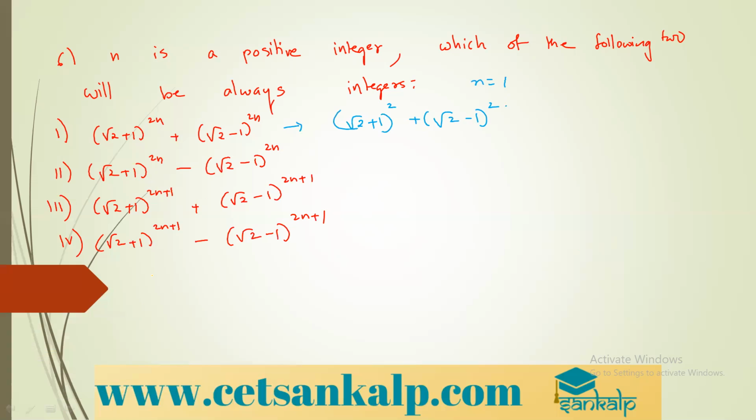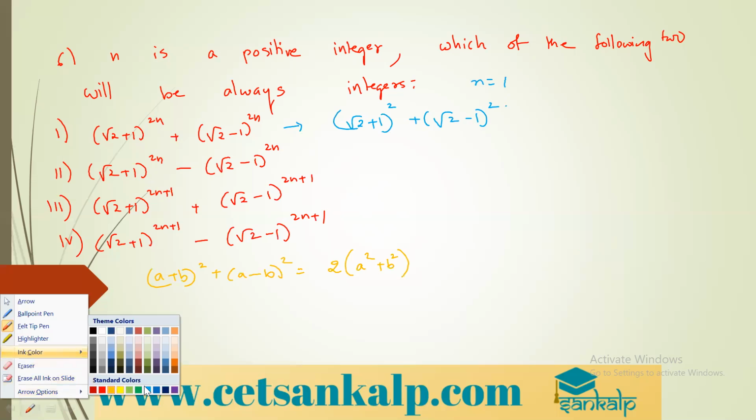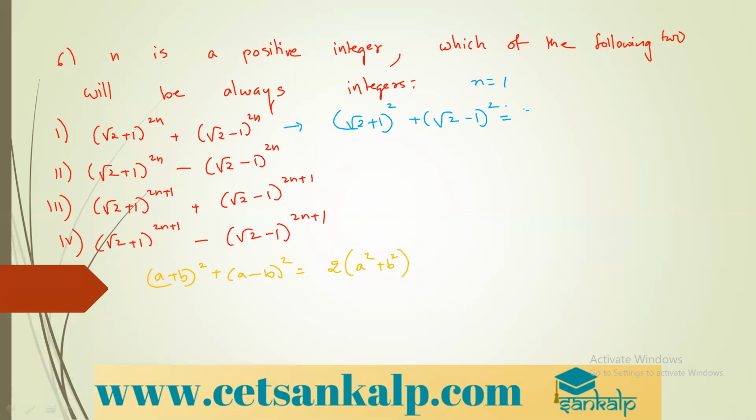The formula I'm going to write is (a plus b) whole square plus (a minus b) whole square is 2 times (a square plus b square). So when I use this formula, I will get 2 times a square is root 2 square plus b square is 1 square. So I am getting an integer. That means one option I can select, the first one.